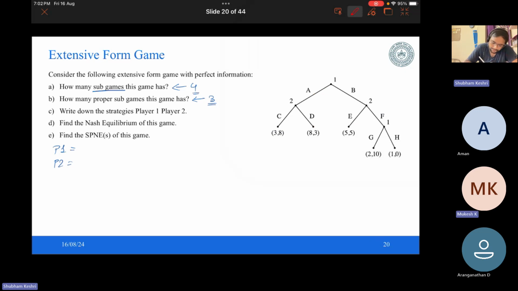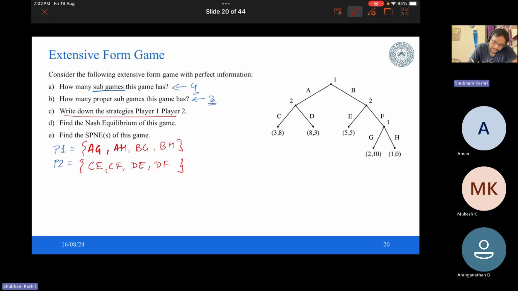Player 1: A G, A H, B G, B H. All right, I hope this idea is now clear. For player 2, again 4: C E, C F, D E, D F.